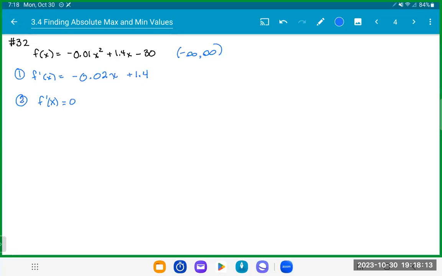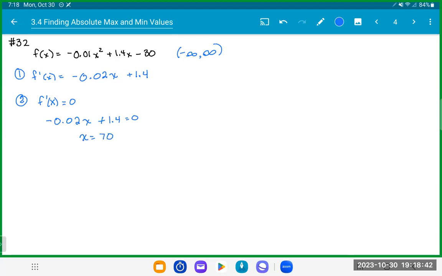Therefore, we can set our derivative equal to 0 and solve to get our critical value. So this is going to be negative 0.02x plus 1.4 equal to 0, minus the 1.4 from both sides, then divide by the negative 0.02, and you get that x is equal to 70.